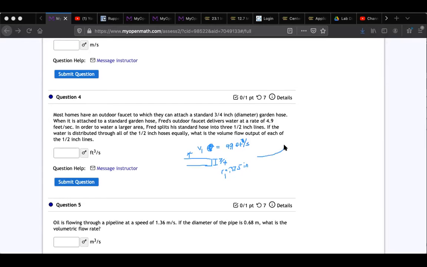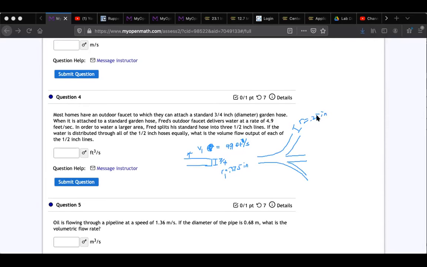And then it splits into 3 different lines like this. And these ones have a radius of 1/2 inch each, or a diameter of 1/2 inch each. So that means the radius is 0.25 inches each.